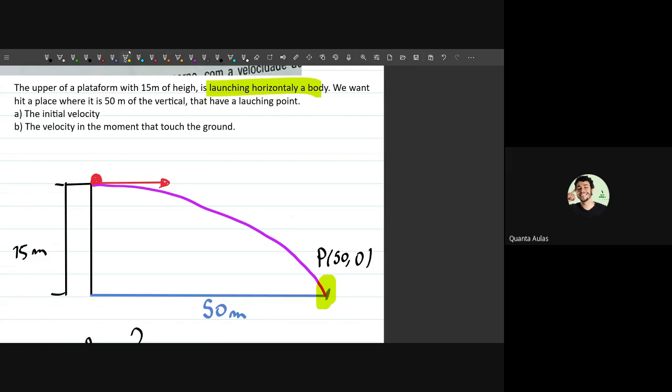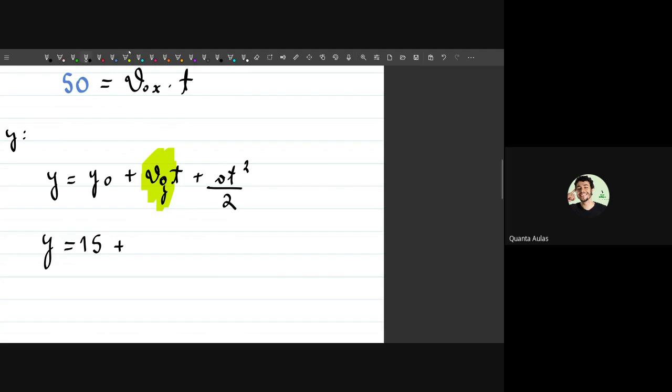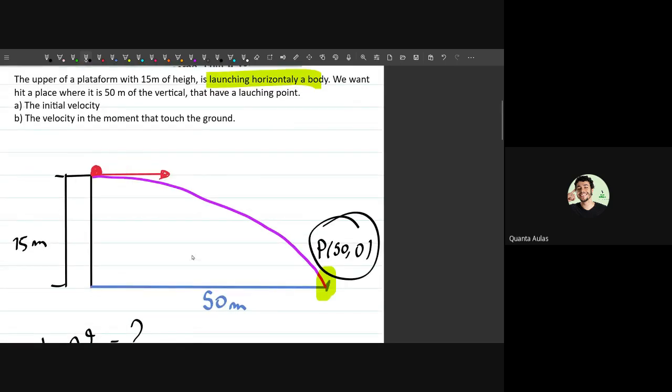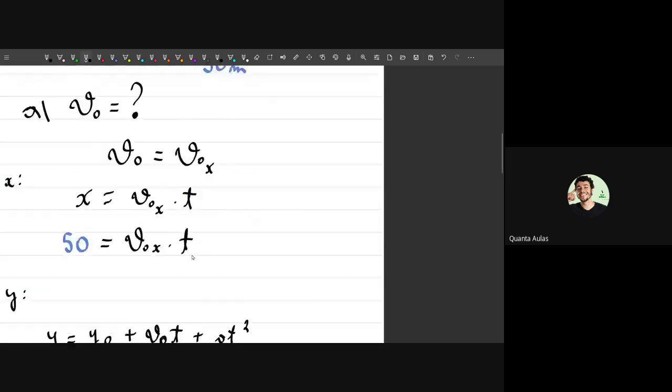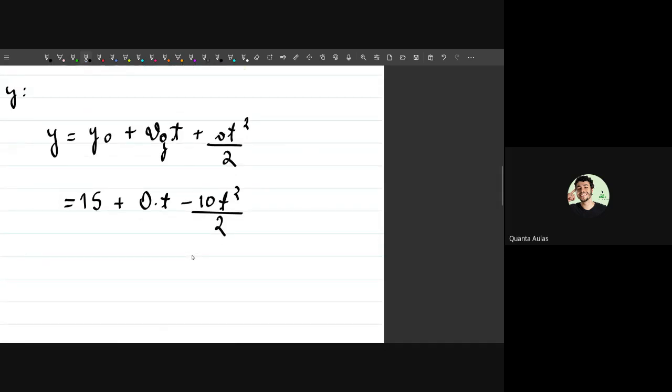We don't have a velocity in y, so the initial velocity is 0. This is cool because it's one problem less here. So the gravity is minus 10. And we know the final position in y: 0. We want to go to the floor. So here is 0.